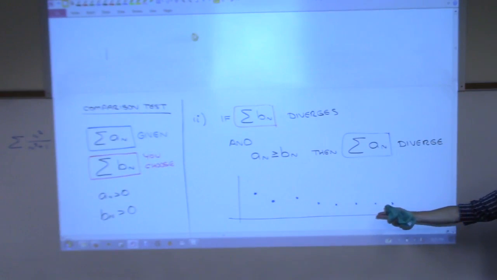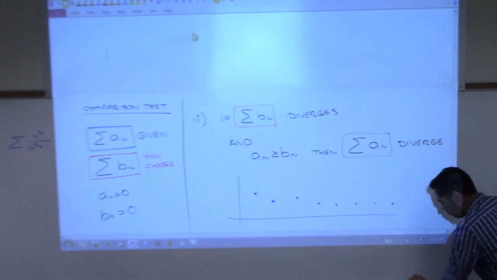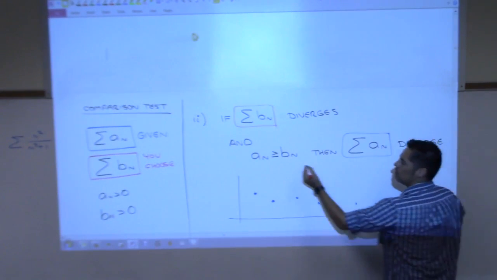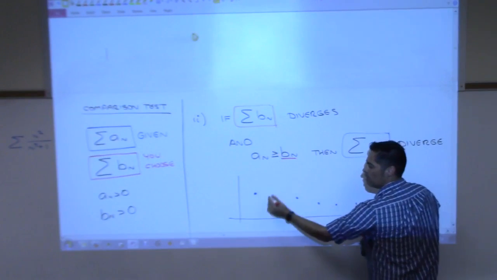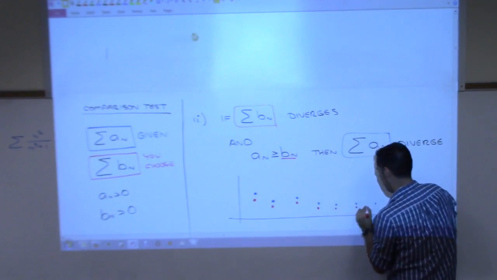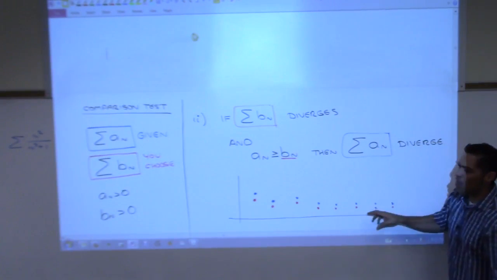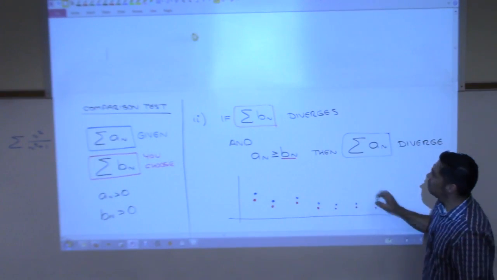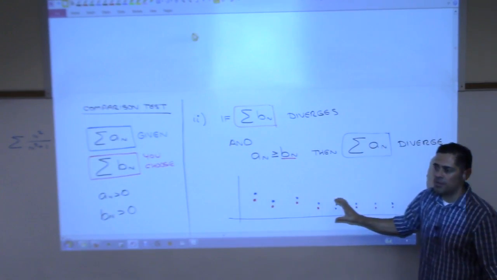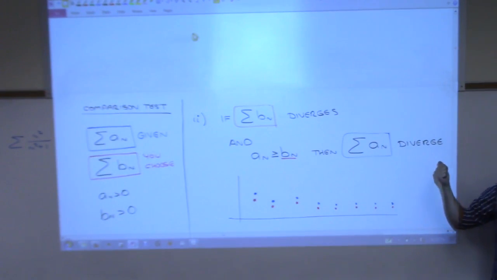Here's the one you're given, right? You compare that one to a red one where all your red ones are smaller than the blue ones instead of bigger. And we know that if we add up the red ones, it diverges. If the blue ones are bigger than the red ones, then the blue ones summed up together have to diverge. Does this make sense logically to you?